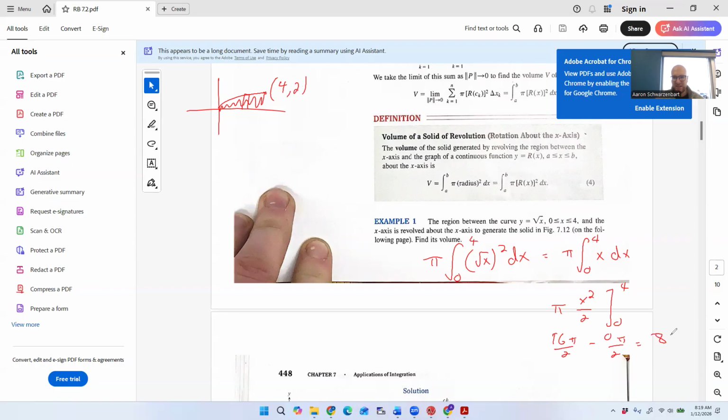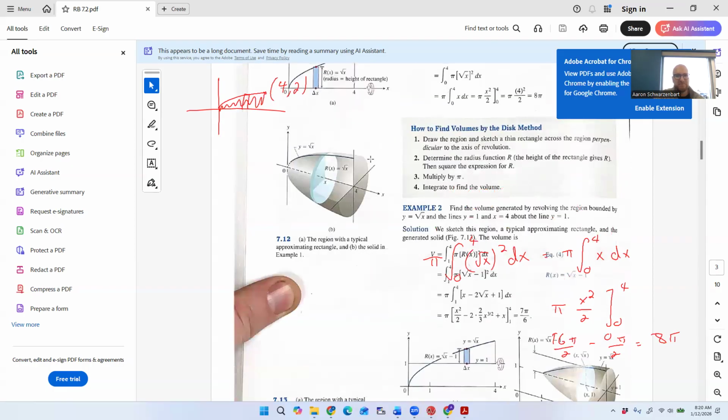So my answer is 8 pi. My three-dimensional shape, which I think they'll show on this next page, has a volume of 8 pi. That's not so bad, is it?